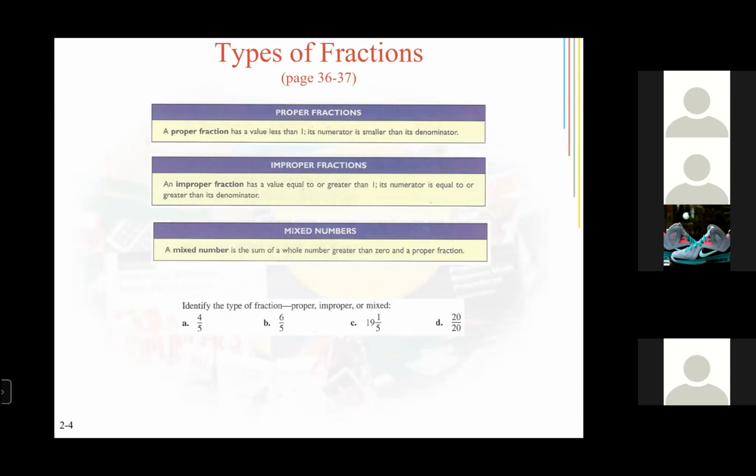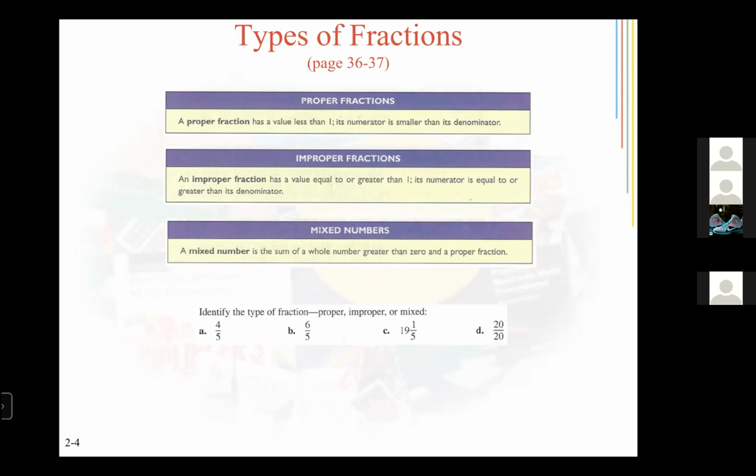Anything equal to 1 or greater would be improper. For a proper fraction, the top number has to be smaller. Once the top number is equal to or greater than the bottom, then it is improper.